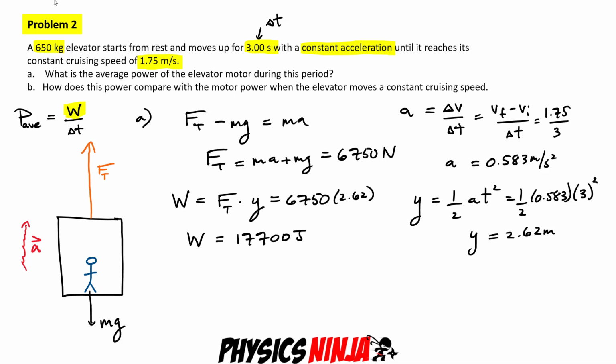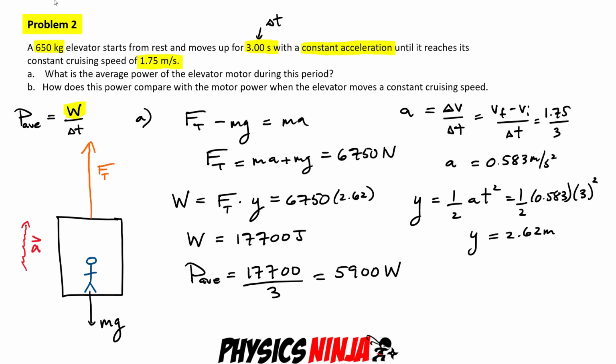Now we're looking for the average power. Going back to my average power definition, the average power is 17,700 divided by 3 seconds. So you get approximately 5,900, and that is simply measured in watts. That's the average power of the elevator motor during this period.